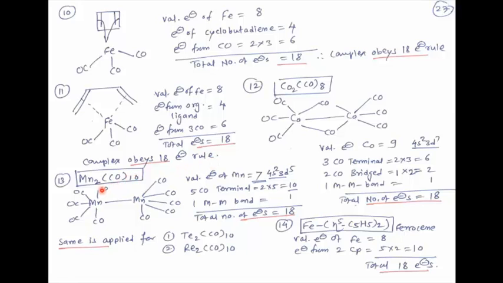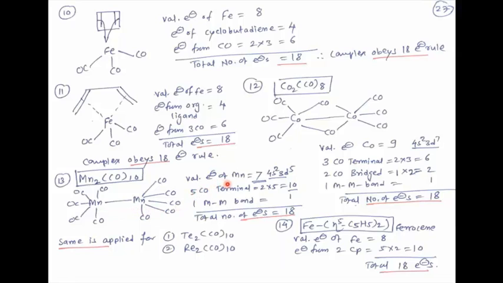Next one, Mn2(CO)10. Here, to each Mn, 5 carbonyls are attached. Here also 5 carbonyls are attached. 1 metal-metal bond is present.